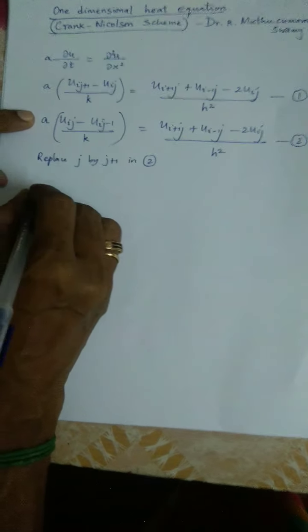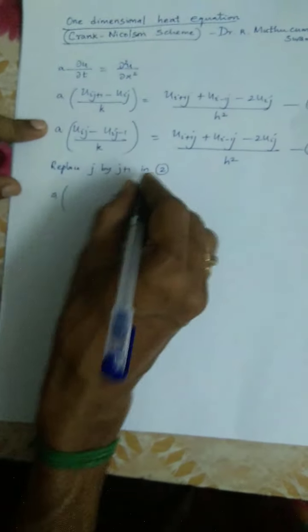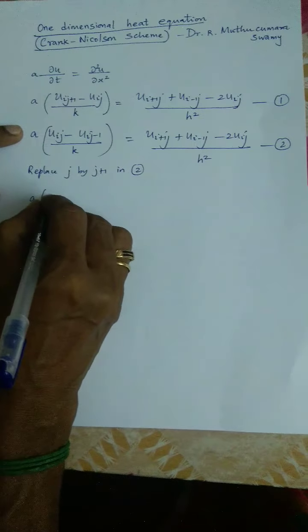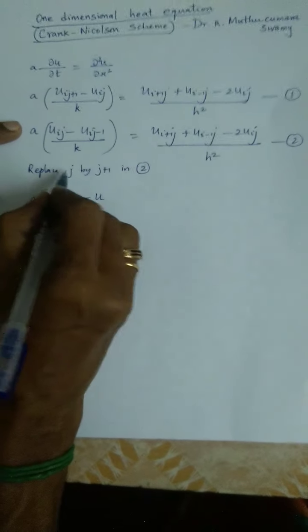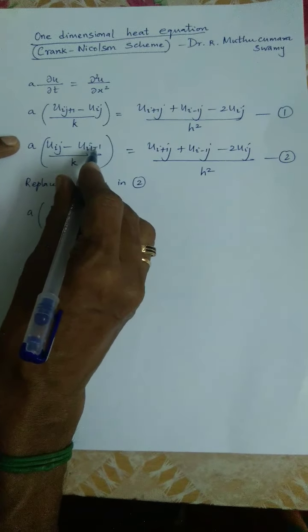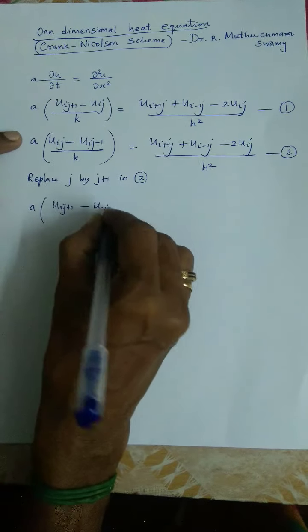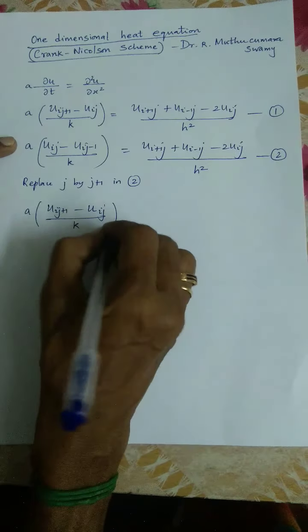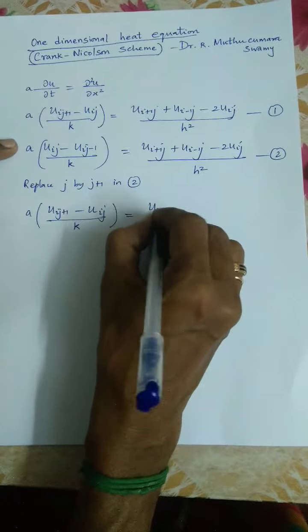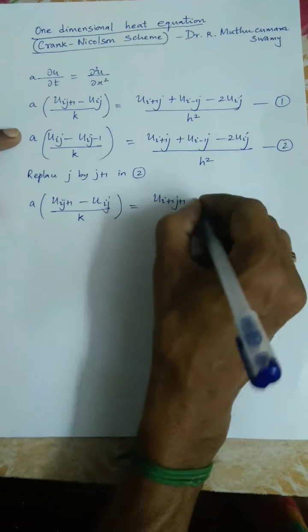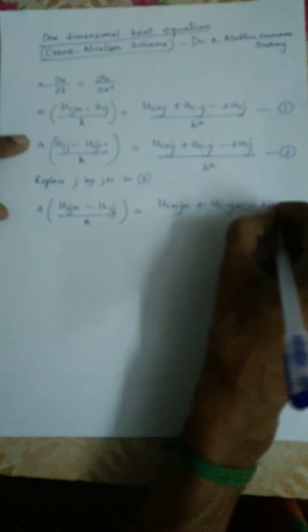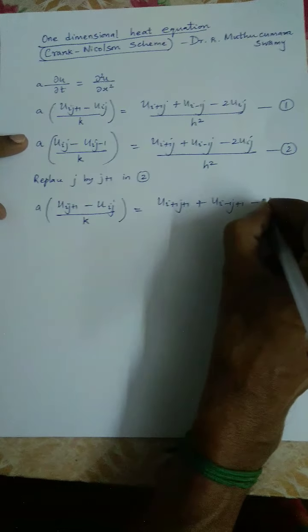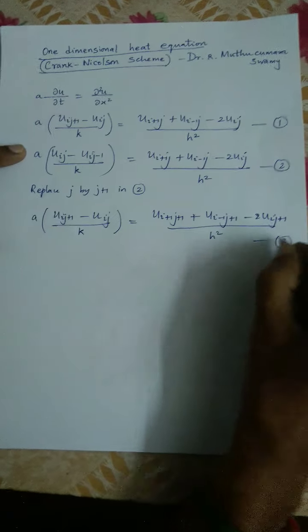After changing the suffix j to j plus 1 throughout, U_i,j+1 minus, when I replace j by j plus 1, minus 1 is nothing but j only, so U_ij by k, and the right hand side is U_i+1,j+1 + U_i−1,j+1 − 2U_i,j+1 divided by h². Let this be equation 3.